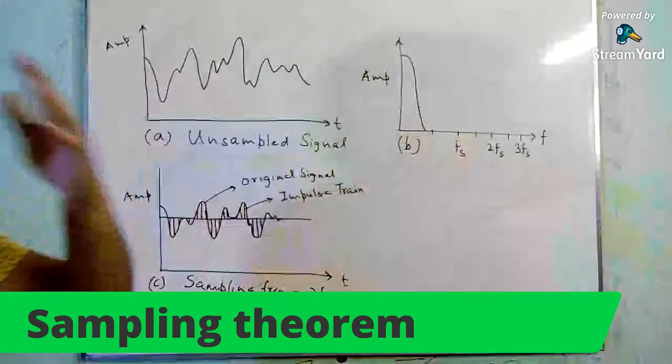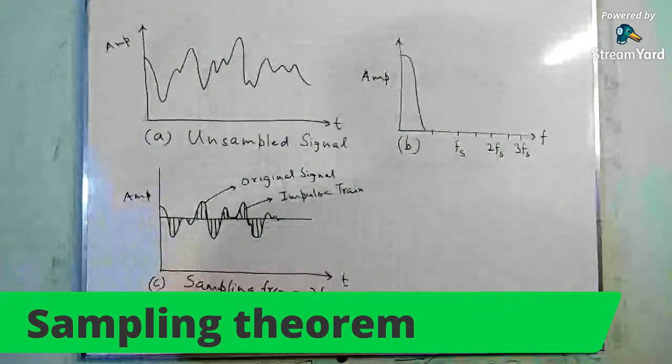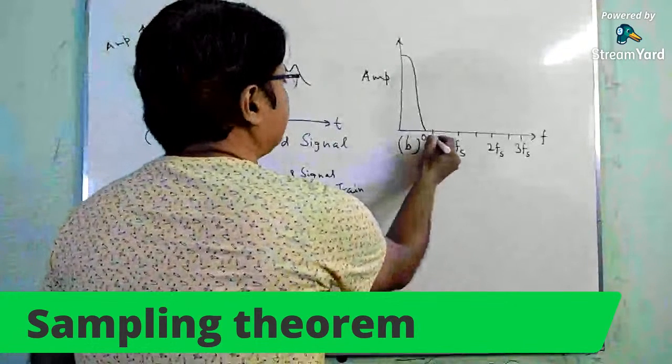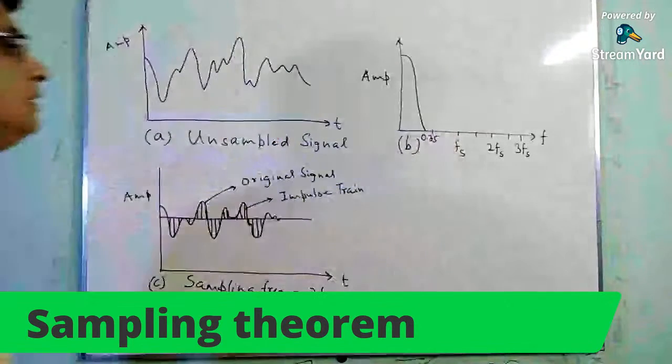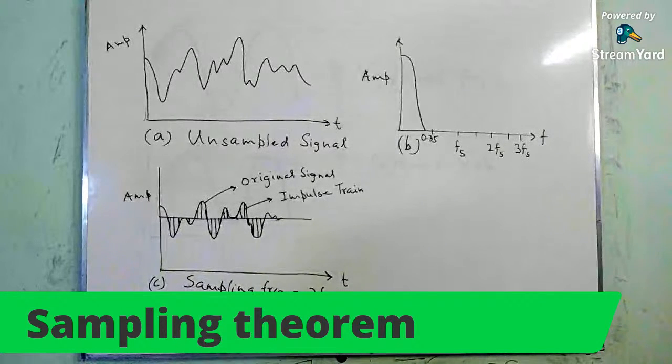So let it take the value 0.35 fs. Here the frequency of the unsampled signal lies between 0 and 0.35 fs, where fs is the sampling frequency.